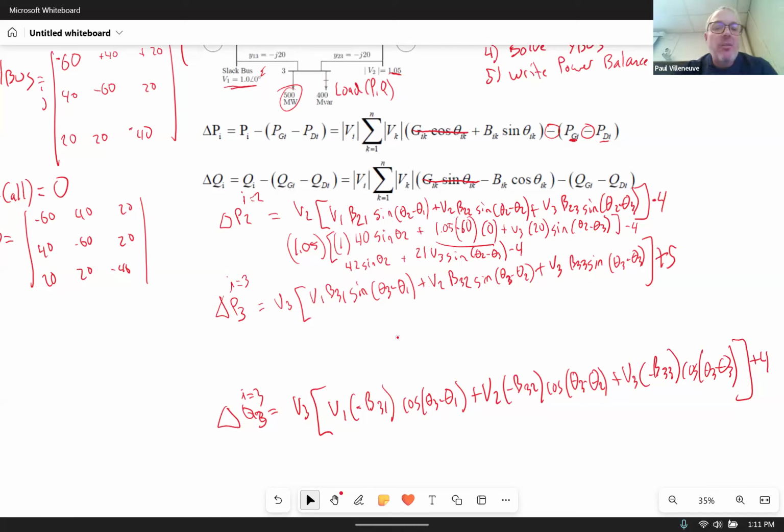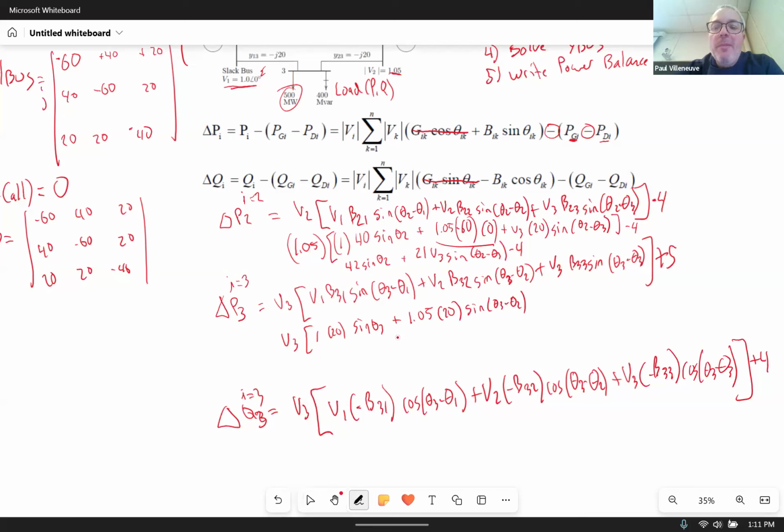Do the same thing for my next equation. I have V3, which is still a variable. This is just 1 times B3, 1, which is row 3, column 1, 20. Sine of theta 3 minus theta 1 is just sine of theta 3. Plus V2, which we've already said is 1.05 times B3, 2, 20. Sine of theta 3 minus theta 2. Can't simplify that down anymore.